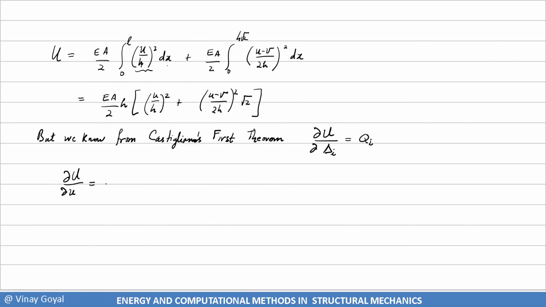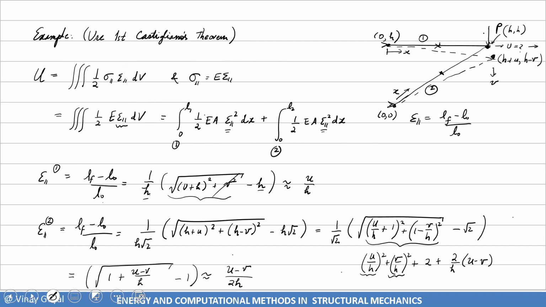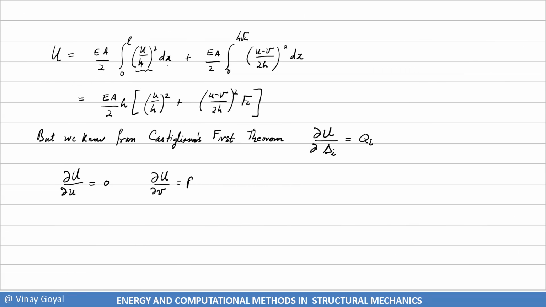So that's 0. And partial of U with respect to small v is, now that one, clearly I'm applying a load P downwards with v measured downwards. So therefore that has to be equal to P, and I have two equations, two unknowns, and you can solve for u and v.